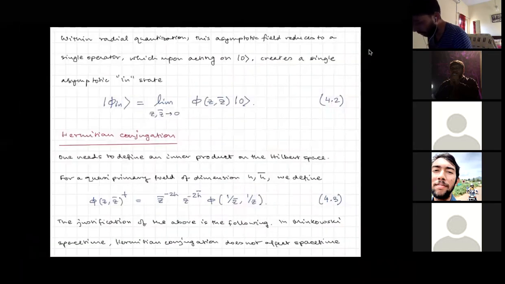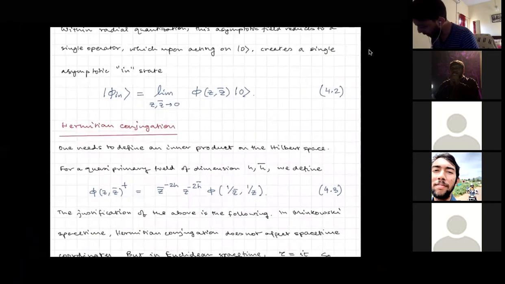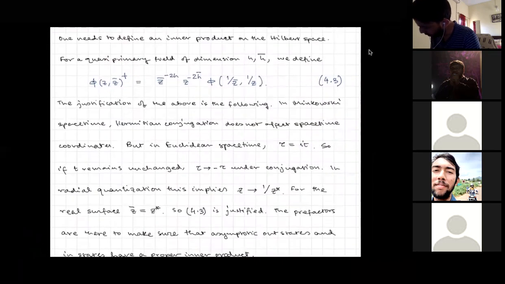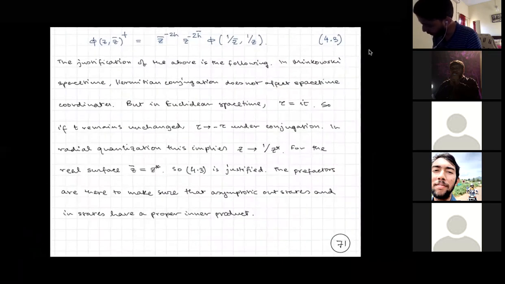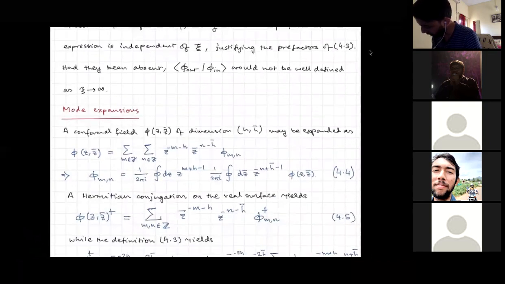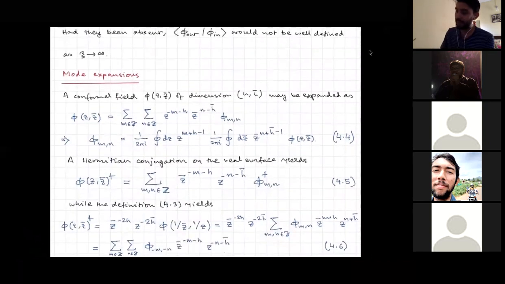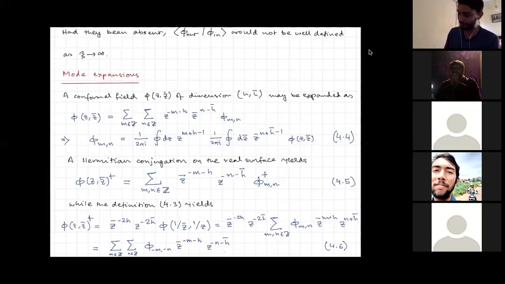So let me just skip that page. We have defined the products and mode expansions, and as was being said, this is like your Laurent expansion. You need to keep in mind that these are going to be operators, and it's going to be a quantum system as we go along.